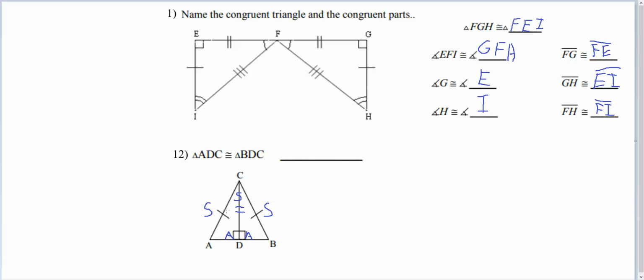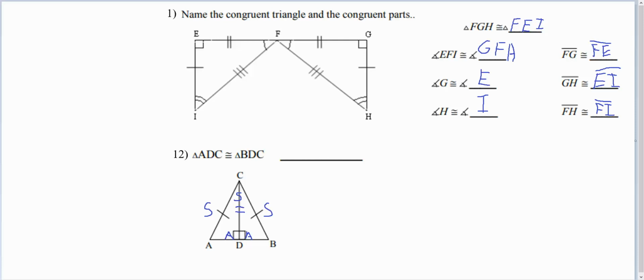So thinking back to our congruencies, 2 sides and an angle, that would be side, angle, side, but that would imply that the angle is between the 2 sides. That angle, our right angle, is not between those 2 sides, so it's not side, angle, side. So now we have to think, what is another option? And if I look, I see a right angle, that makes me think, oh, well, this is a right triangle.